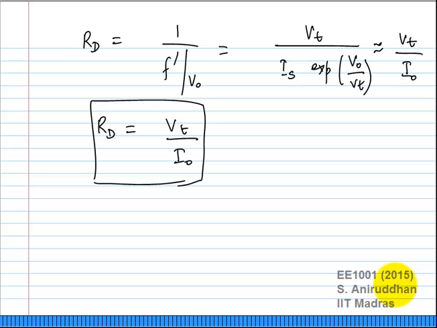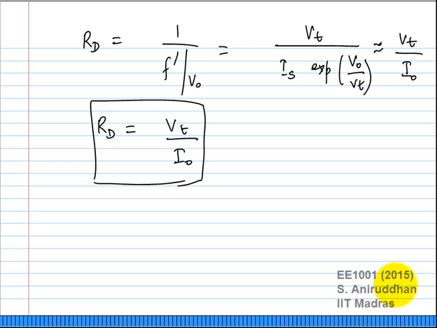This is quite simple, right? It does not depend on anything else. The diode resistance depends only on the thermal voltage, which is just a function of the temperature at which you are operating, and the current flowing through the diode. This is the operating point current flowing through the diode.